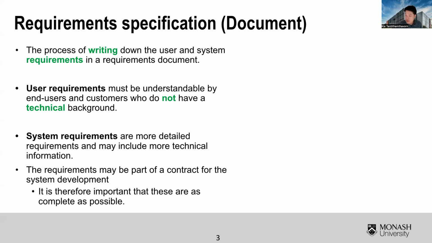So that's why writing the software requirement specification document is still important, regardless of the software development process that you use. Sometimes in the contract you need to write down what is the requirement of the system as well. Okay, it depends.